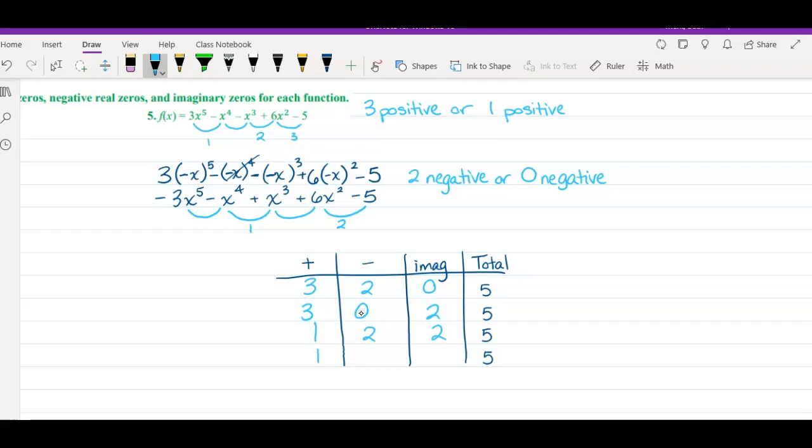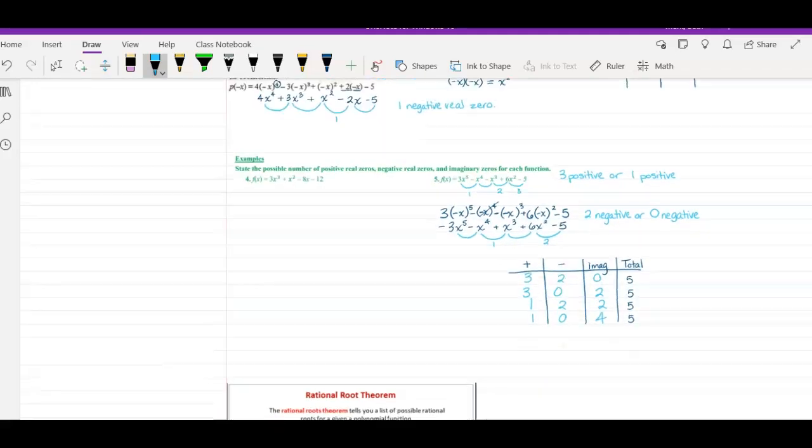Or I could have 1 positive, no negatives, which leaves room for 4 imaginary answers. The imaginary numbers will always come in pairs, always. We'll get to that in the last part of our notes today.